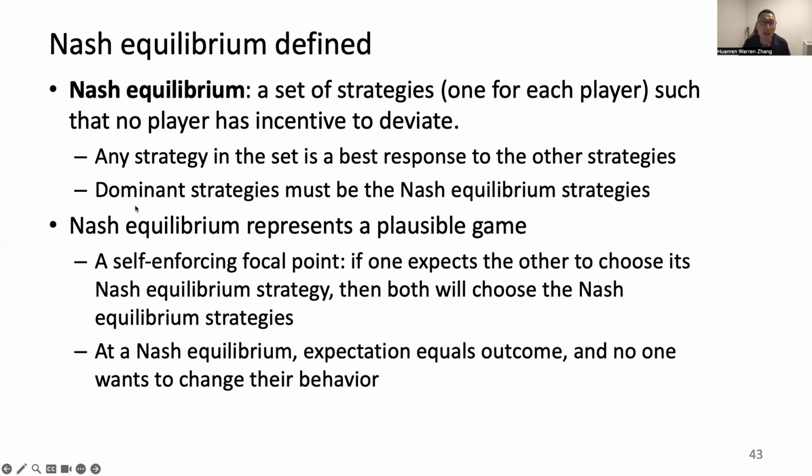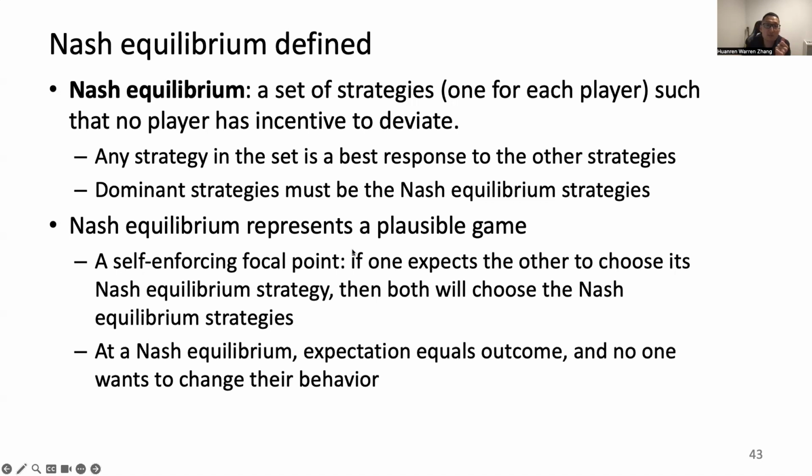So dominant strategies must be Nash equilibrium strategies, right? If you are in a game where there is a dominant strategy, that dominant strategy must be a Nash equilibrium strategy. And when the players play their dominant strategy, it leads to the Nash equilibrium.